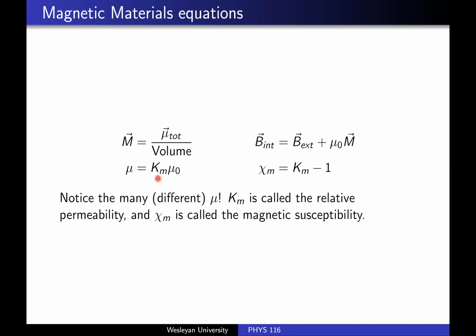So Km is just a pure number, and it is called the relative permeability. Often this number is very close to 1, so often people just focus on how different it is from 1. And they look at chi m, which is the magnetic susceptibility, and that is Km minus 1.